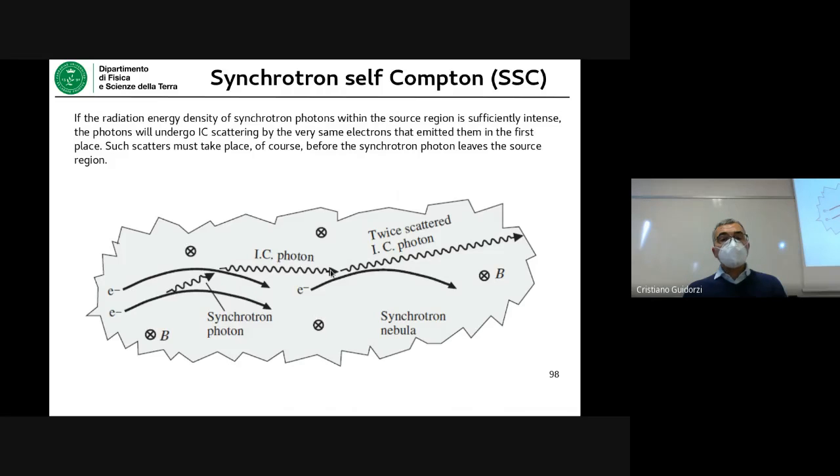So even just allowing for two upscatterings, two inverse Compton scatterings for the same photon, the energy of the photon which finally escapes the region can be really large, just as a consequence of these two consecutive upscatterings.